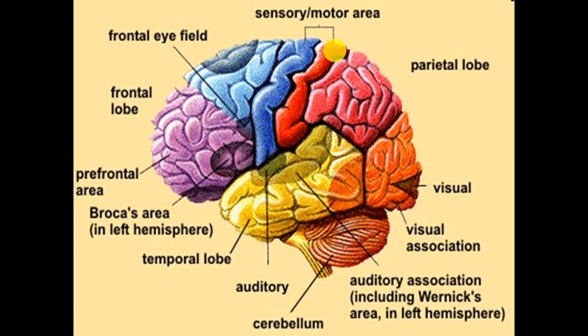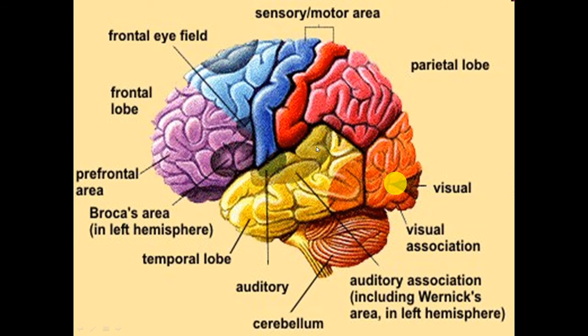All right. So you've got your central sulcus in the middle. You have your precentral and postcentral gyrus or gyri that are adjacent to that central sulcus. Okay. And so this makes up the cerebral cortex. So our cerebrum and cerebral cortex are made out of these different structures.